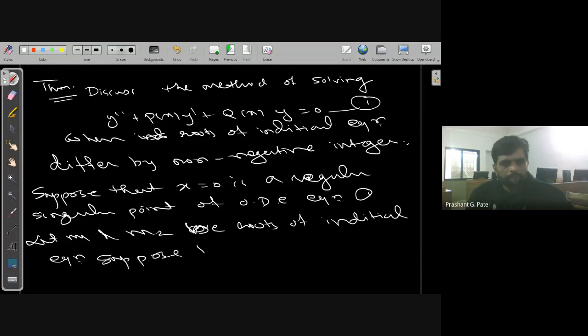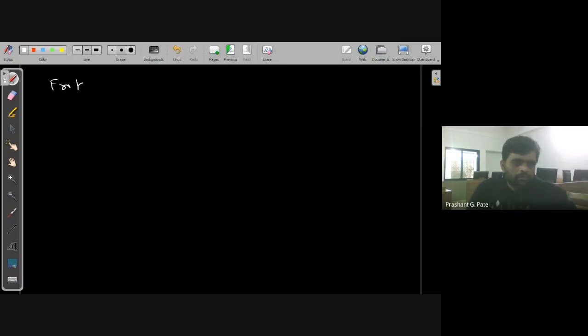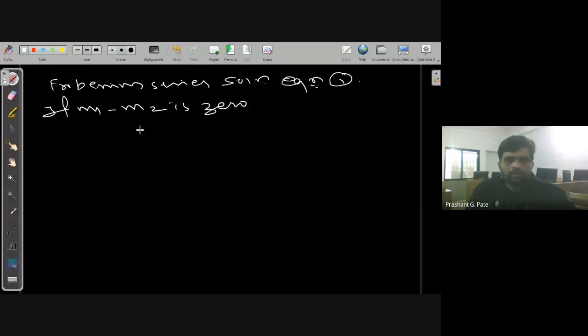Suppose that the one solution, that is y1 equal to x power m1 summation n running from 0 to infinity a n x raised to n, which it will always have, is the Frobenius series solution of equation 1, if this m1 minus m2 is 0 or a positive integer.